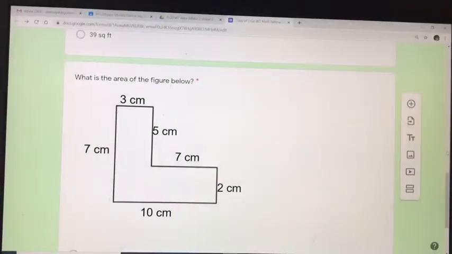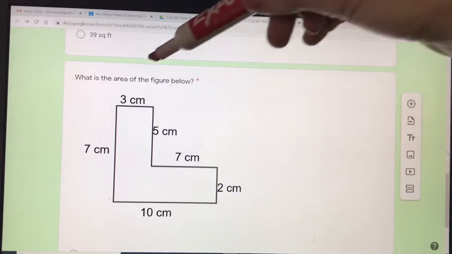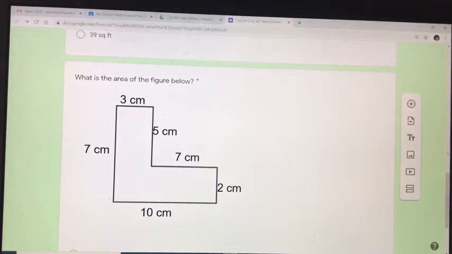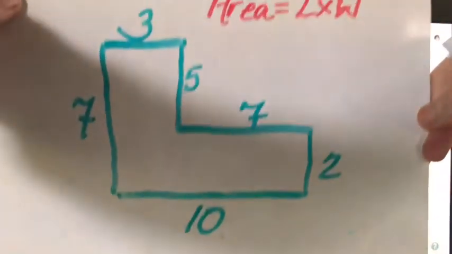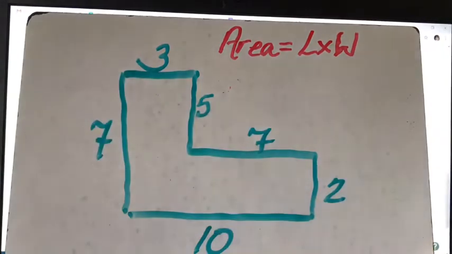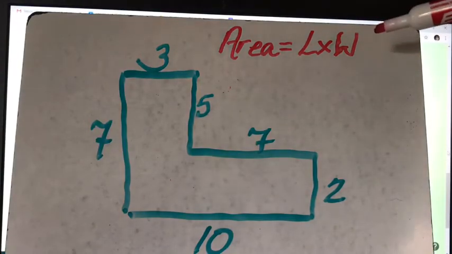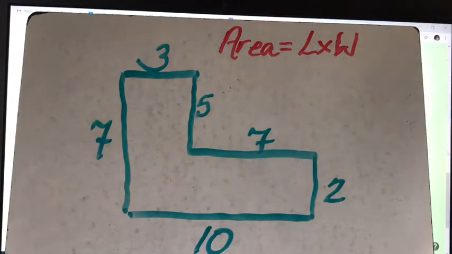The last problem for today reads, what is the area of the figure below? So again, the word area, that's my key word. Look at all the numbers I have though. So I have to figure out the area. I know area is length times width. So let me put my board up here. And there I have area equals length times width, but I have this odd shape.